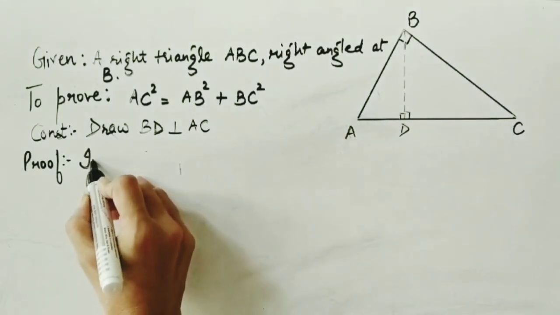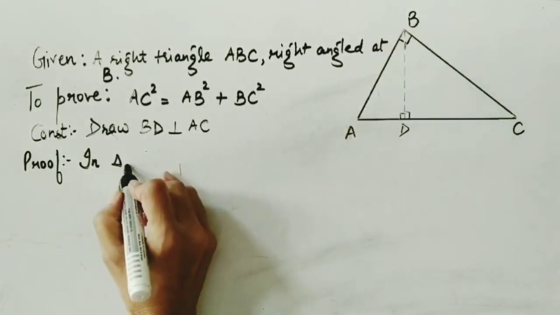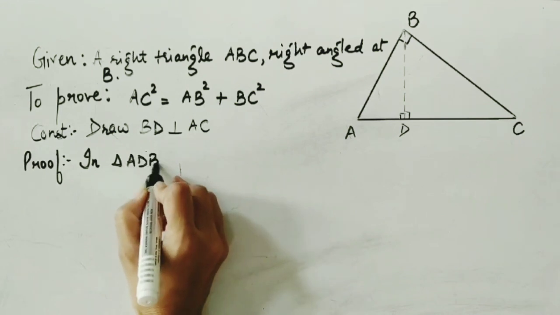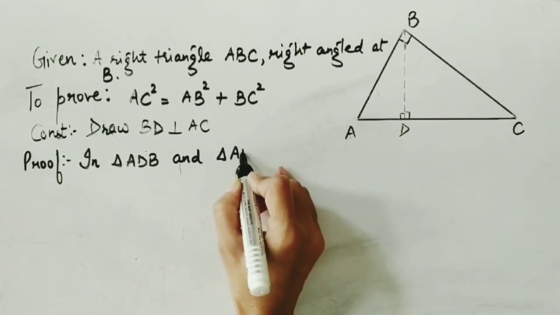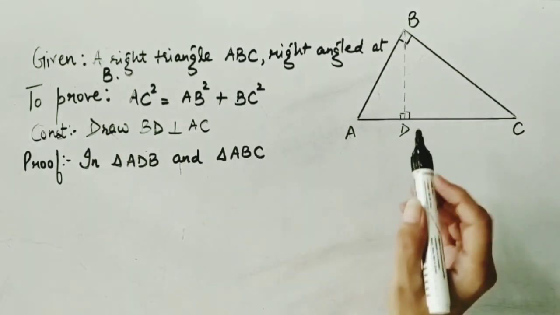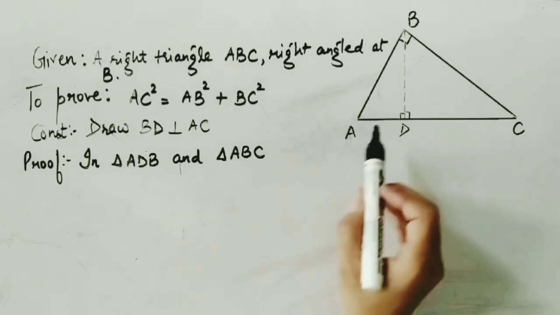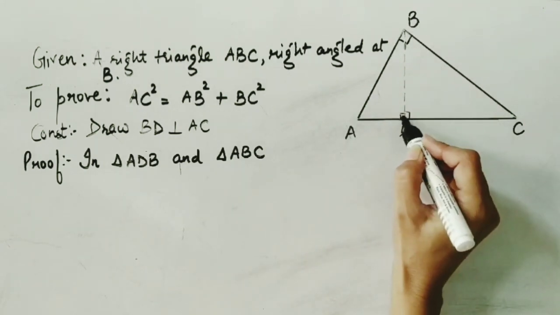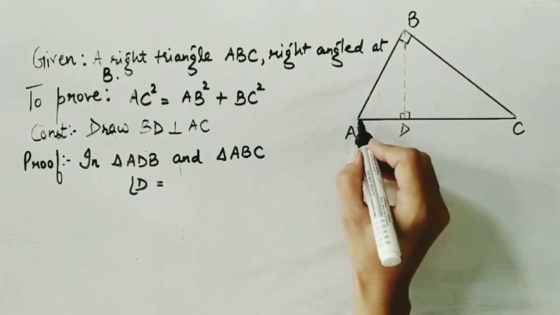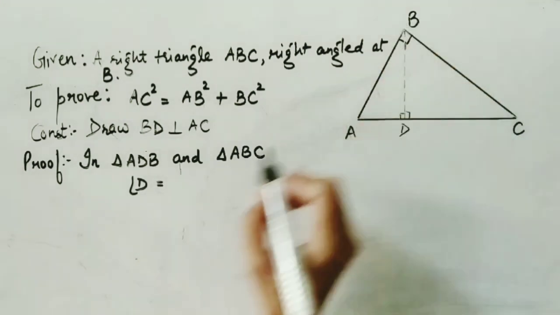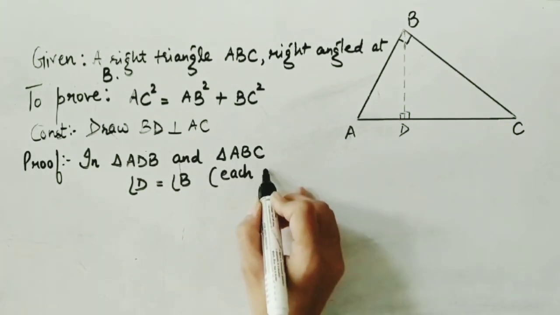So in triangle ADB and triangle ABC, first of all, look for the angle which is equal. In ADB it is angle D, and in ABC it is angle B. So this is each 90.